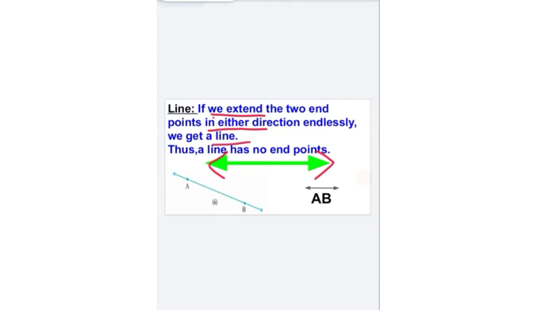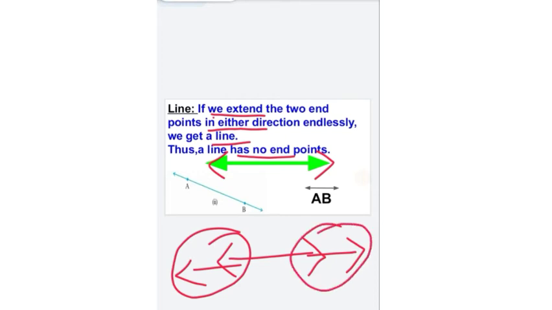So a line has no endpoint, because both of its sides can be extended endlessly. That is why we cannot call them endpoints, because the line does not end at these points. Now you can see here an example of a line, AB, having arrows on both of its sides.